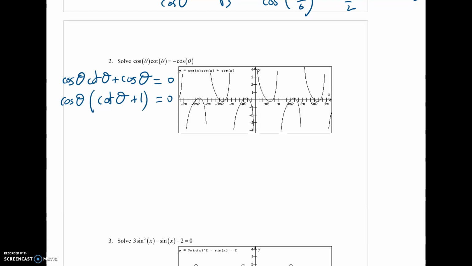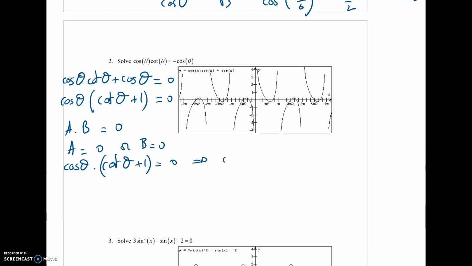That's the zero product property: A multiplied by B equals 0, so A equals 0 or B equals 0. Therefore, cosine theta equals 0 or cotangent theta plus 1 equals 0.